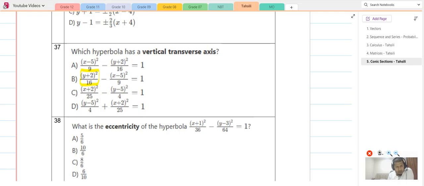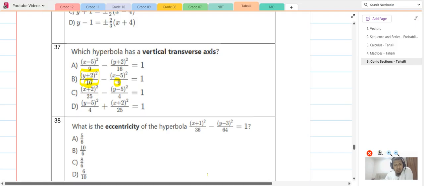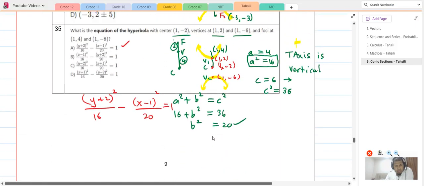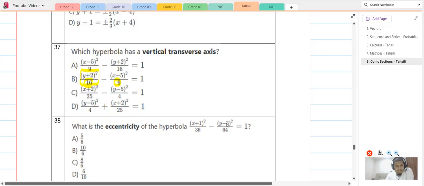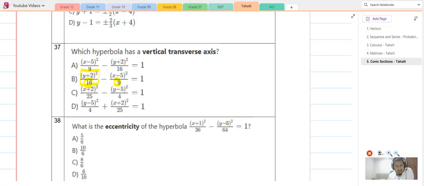Why can't it be this one? We usually say that this value is greater than this value. This value is greater. Doesn't work here though. Vertical transverse axis is this one here.